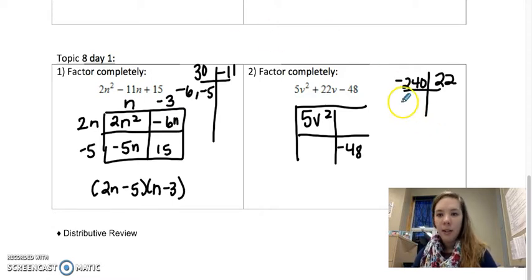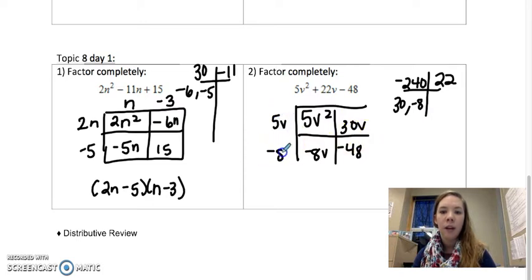Okay, so positive 30 and negative 8 would work. So I'm going to split that to 30v and negative 8v. So I can pull out a 5v for this row, a negative 8, a v, and a 6. So we'd have 5v minus 8 times v plus 6.